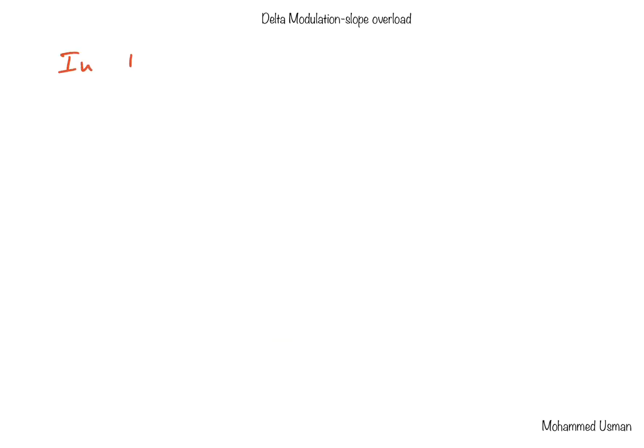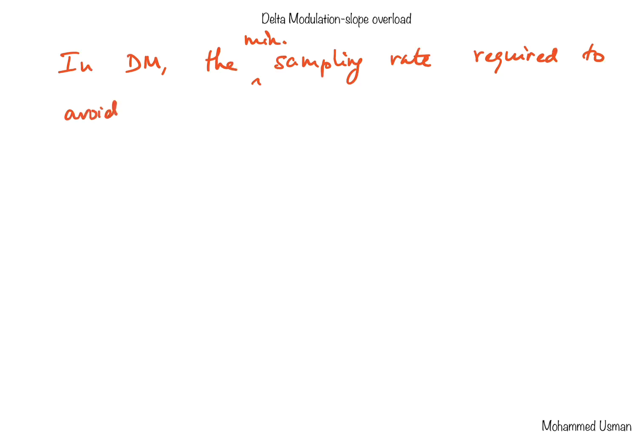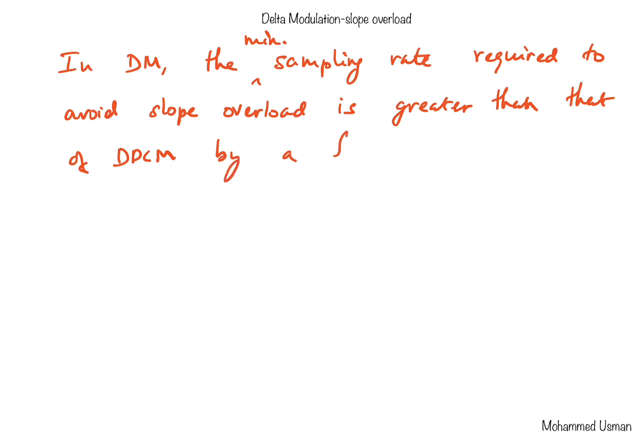So in delta modulation, the sampling rate, let me be specific, the minimum sampling rate required to avoid slope overload is greater than that of DPCM by a factor of L minus 1.